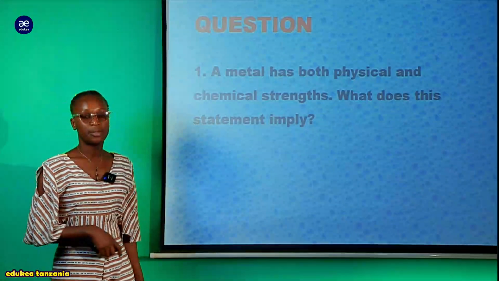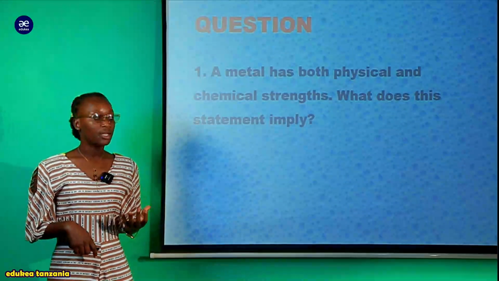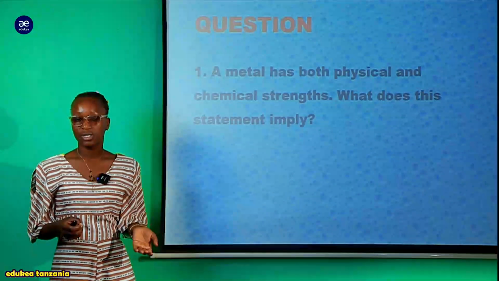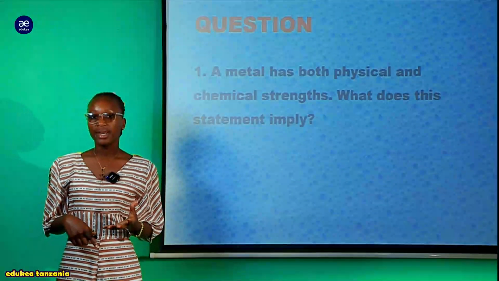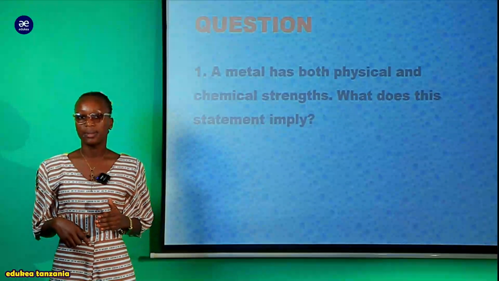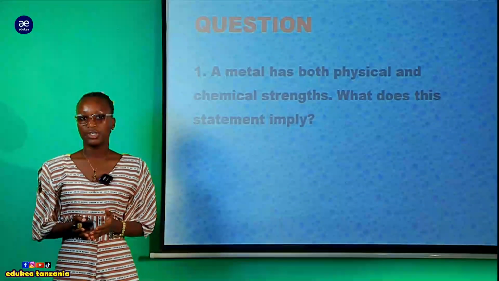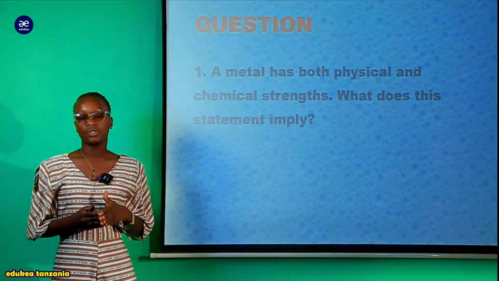What does this statement imply? Kwanza lazima uwe na agreement kwamba ni kweli kwamba metal ina both physical and chemical strength. Metal ina dual property, kwa sababu tukiona kitu kina both properties tunasema that is dual nature or dual property. So is it true? That is all about our question.